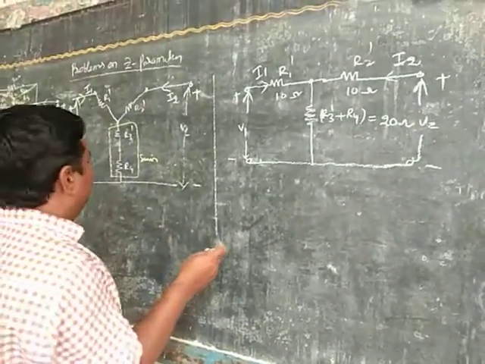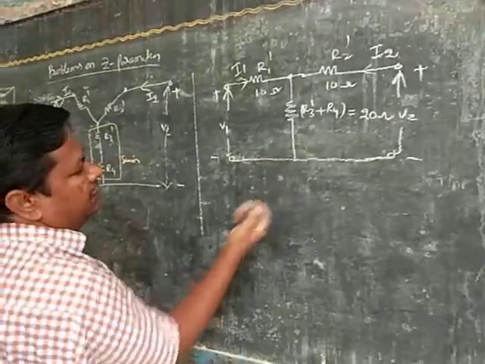Now the final equivalent diagram is a standard T form.